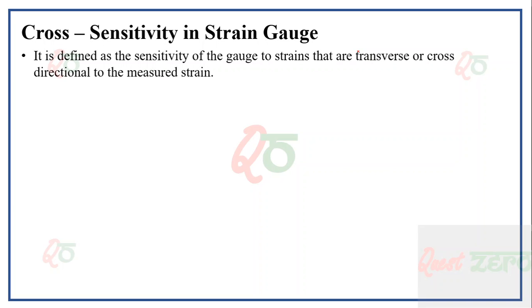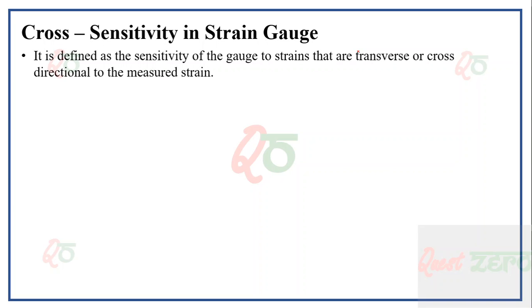So cross sensitivity is defined as the sensitivity of the gauge to strains that are in the transverse or cross sectional direction to the measured strain. So how sensitive the strain gauge is to that other deformation which is not of interest to us.